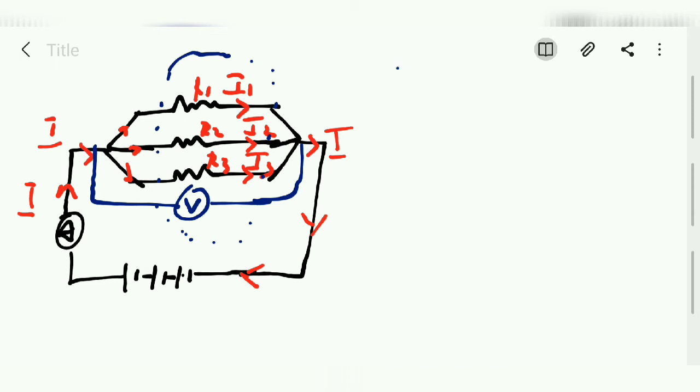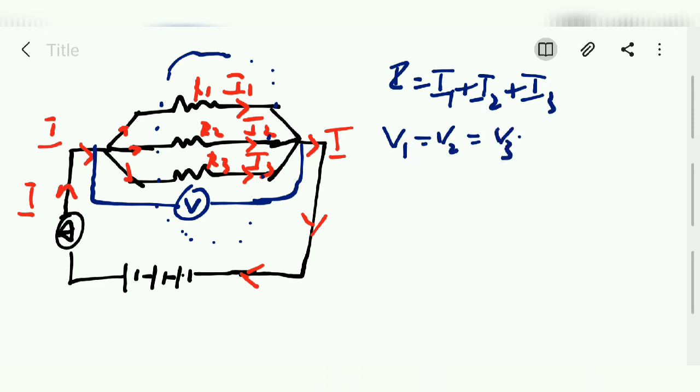So I is nothing but I1 plus I2 plus I3, but whereas voltage V1 is equal to V2 is equal to V3, and this is equal to V. Easy. Whereas in series I was constant, voltage was changing, whereas in parallel voltage is constant and current is changing.